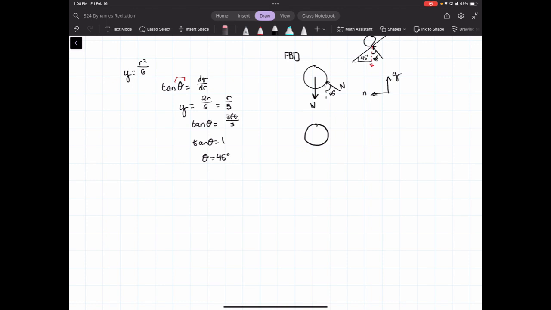The sphere isn't accelerating with respect to the surface itself. It's just accelerating with the surface, and the surface is spinning. So we're going to have some center-focused or centripetal acceleration going this way. So it's going to be m, a, n, if we're following that coordinate system over there.